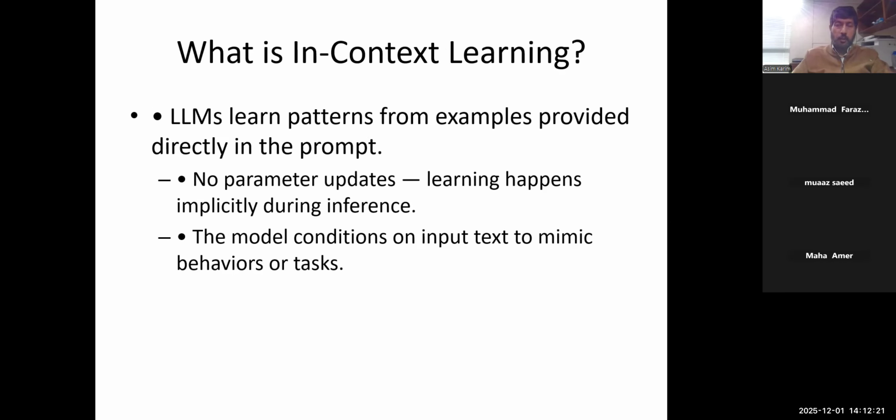So okay, what is in context learning? There is no adaptation of the model. You have a model, and then you simply give some instructions to it, and we call that instruction a prompt.